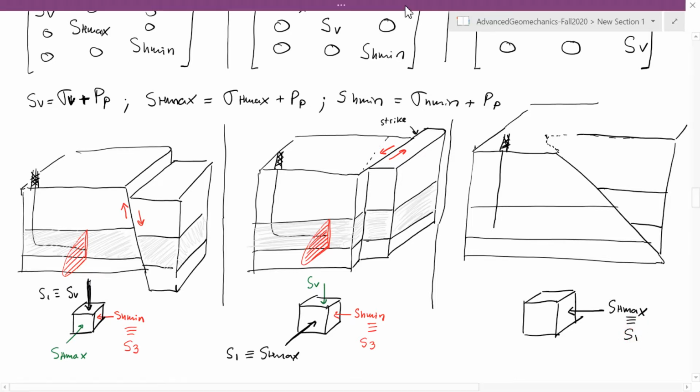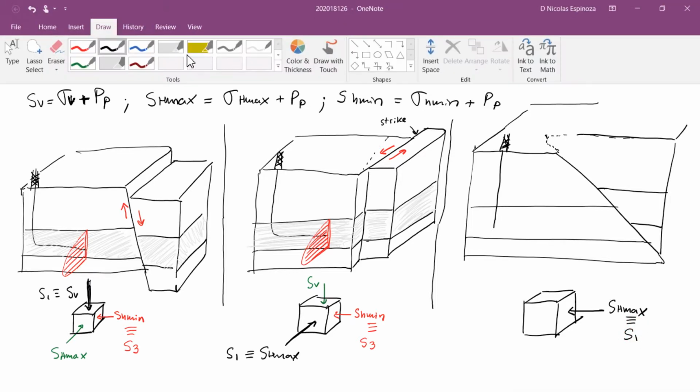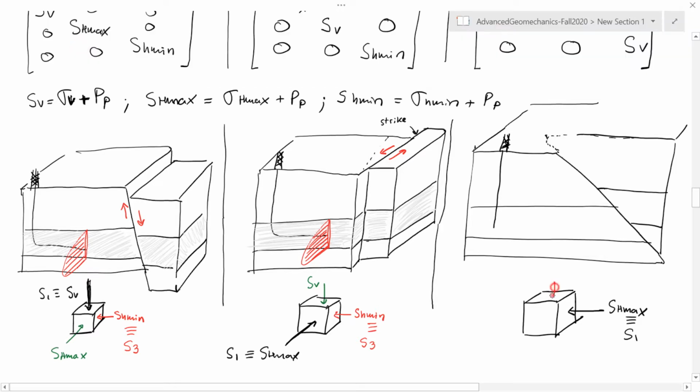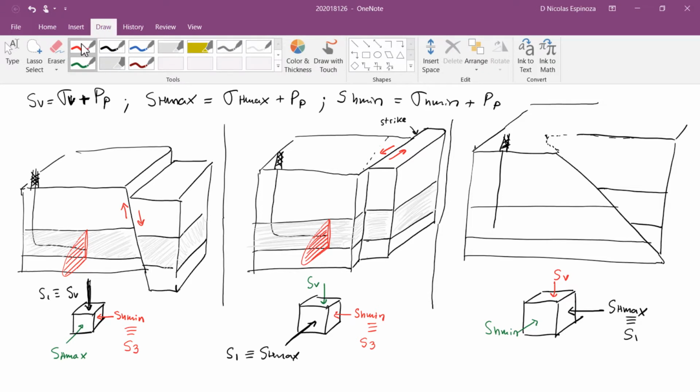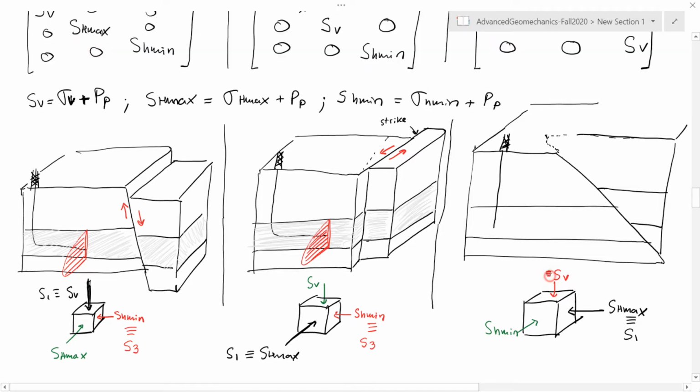The minimum horizontal stress, we'll do it with red, SV, and the minimum horizontal stress is going to be the intermediate stress, SH min. If we make a hydraulic fracture in this case, then this is going to grow perpendicular to the least principal stress.